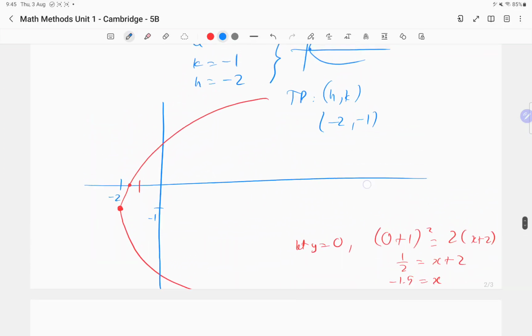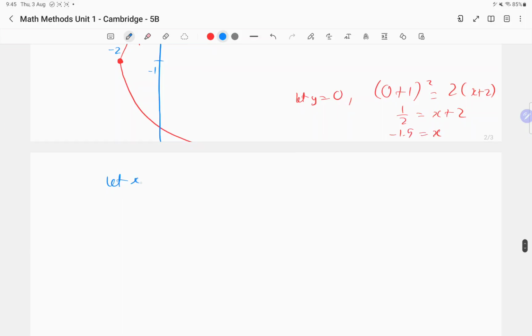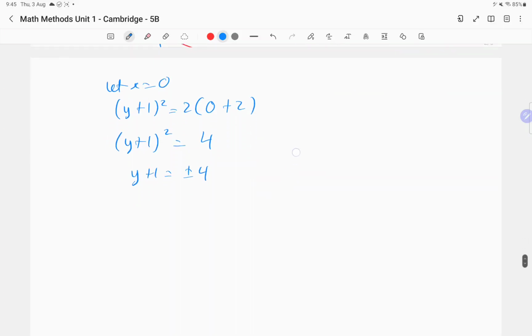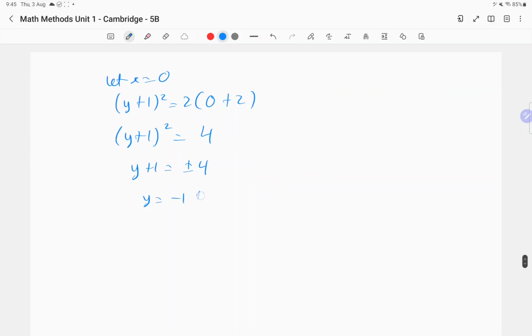Okay, and then to find the y-intercept, you would let x equal 0. And so you get (y plus 1) squared equals 2 times (0 plus 2). Okay, so then (y plus 1) squared would just be 2 times 2, which is 4. This is a nice number. So y plus 1 would be plus or minus 2. Now y would be minus 1 plus or minus 2.